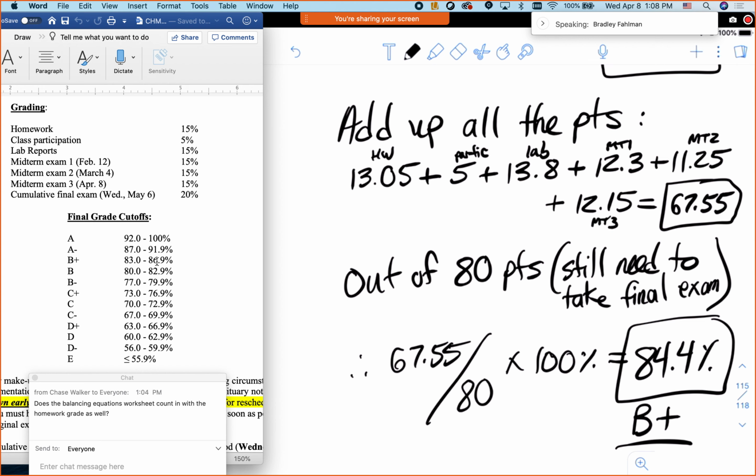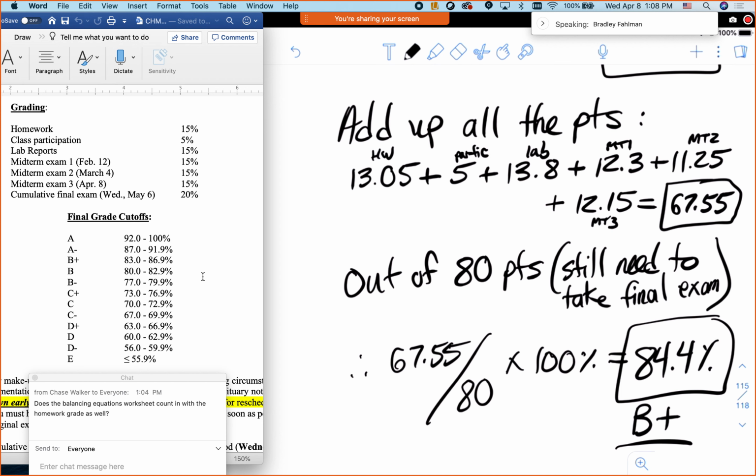I'm not as hardcore as I am maybe in some of my other classes, especially this semester with all this going on, so I'm going to be pretty lax about these. I'll be doing a lot of rounding in these grade cutoffs as well.